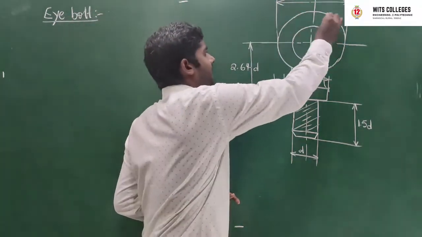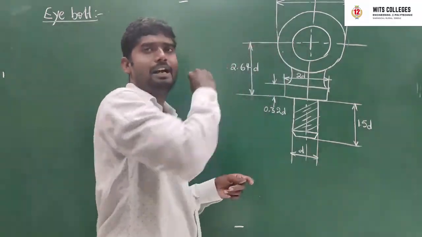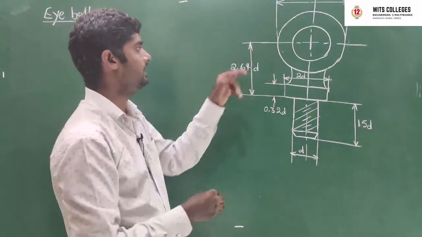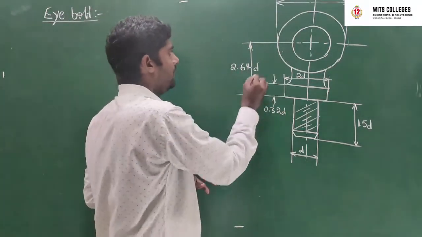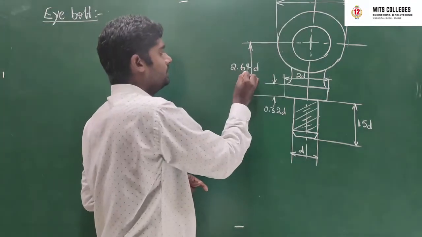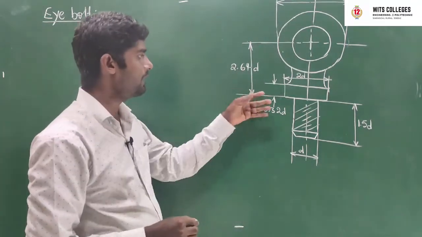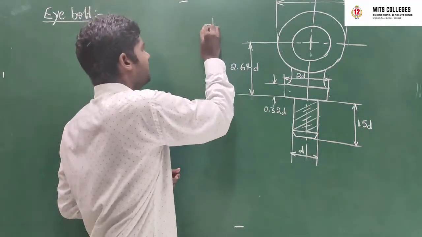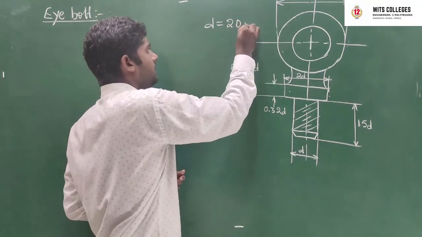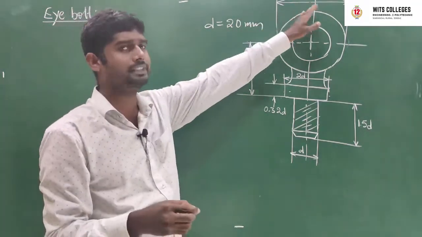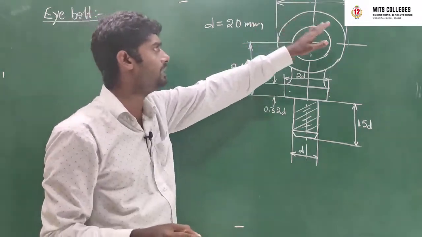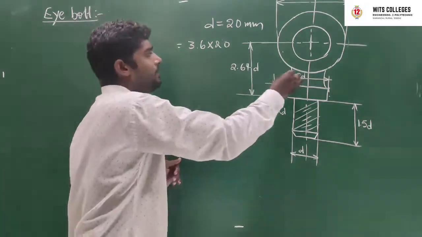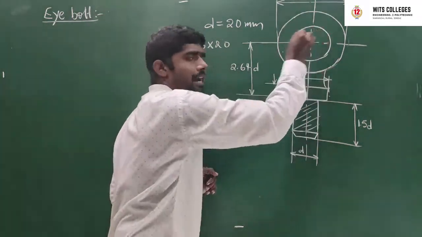The outer diameter of the eye bolt is 3.6D, and the bottom to center of the eye bolt is 2.6D, and this is 2D. Let D be equal to 20 mm, then substitute: 3.6 into 20 gives the outer diameter of the eye bolt.